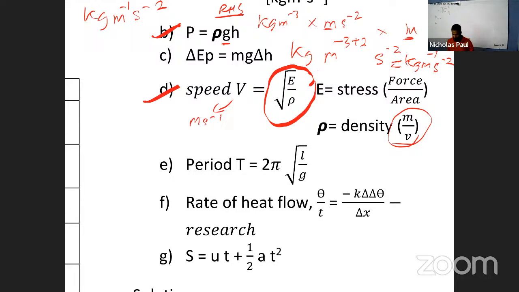Check to see if when it's simplified, it gives you that. Take your time. Try that one next.